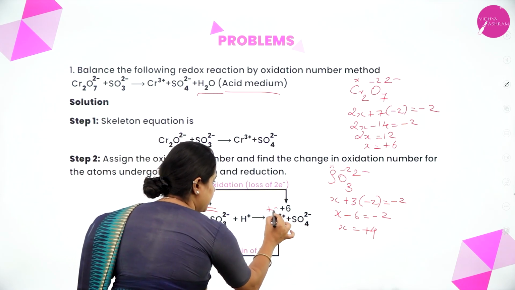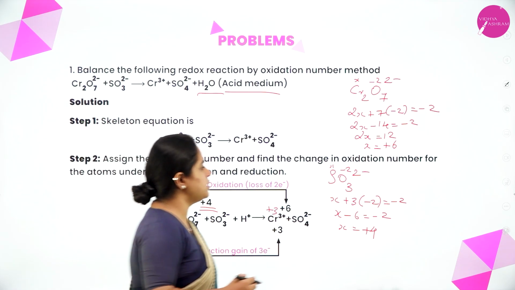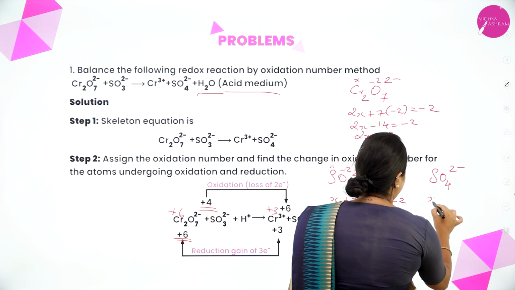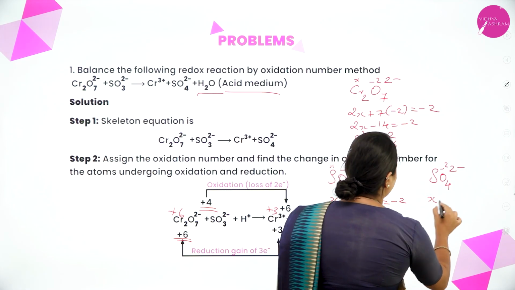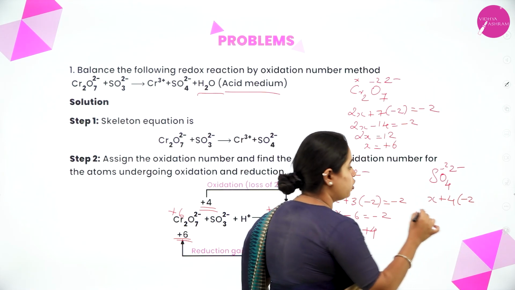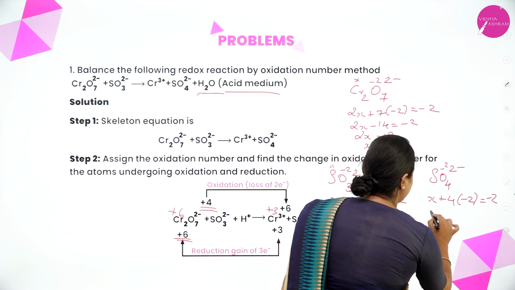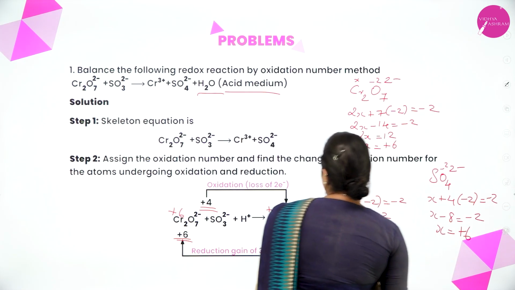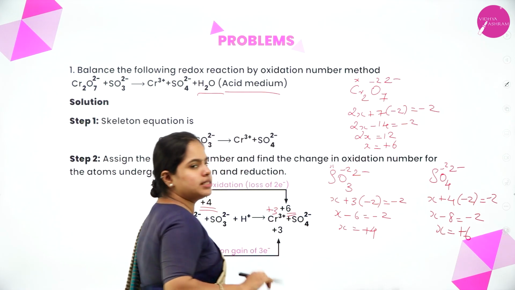So for chromium here it is plus 3. The last one is SO4 2 minus: x, and for oxygen it is minus 2. So x plus 4 into minus 2, there are 4 atoms, equal to minus 2. x minus 8 is equal to minus 2, so x will be equal to plus 6. So here for sulfur it is plus 6.